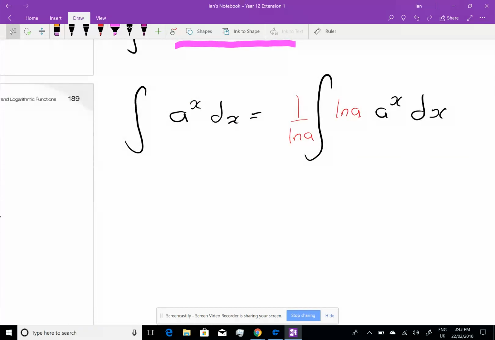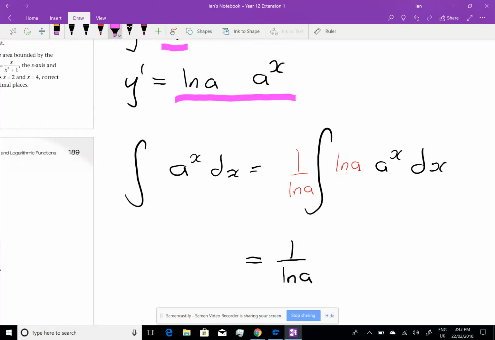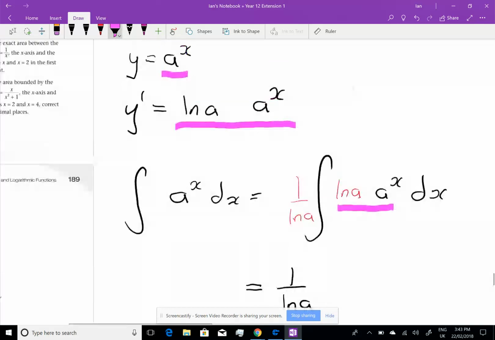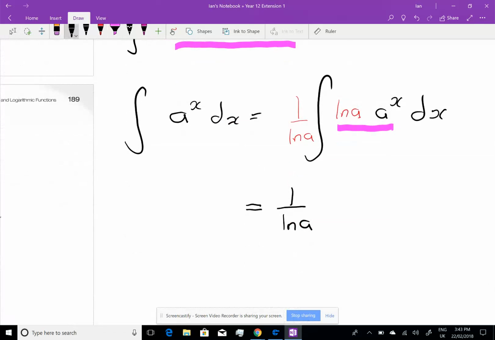That gives me 1 on ln a. And now I know the integral of this because I differentiated it. It's just a to the x. So the integral is 1 over ln a times a to the x plus some constant.